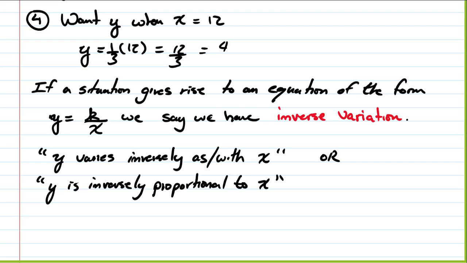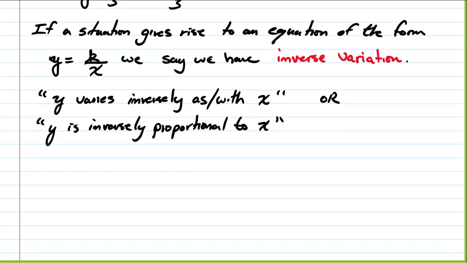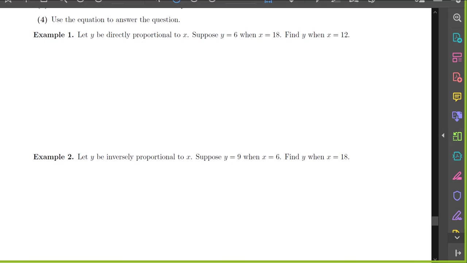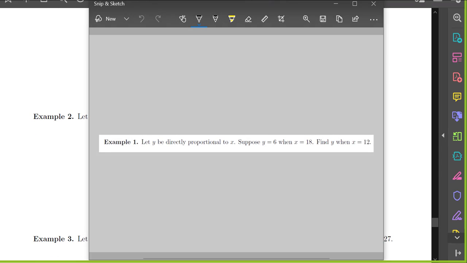So when we have an inverse variation situation, instead of having a linear equation, we have the reciprocal function, or k times 1 over x. So let's take a look at example number 2.